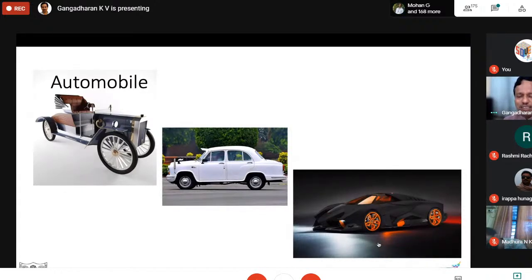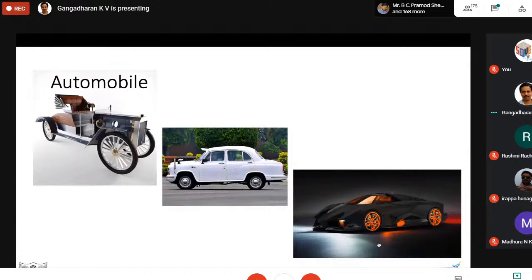Automobile is something, if you go to any class and ask what is your favorite subject or which domain you look at, few will talk about automobile, few will talk about robotics, and obviously now AI and ML, artificial intelligence, machine learning, and all those high sounding words are also quite popular. Now let us look at automobile, and I am going to look at it as a connected car.